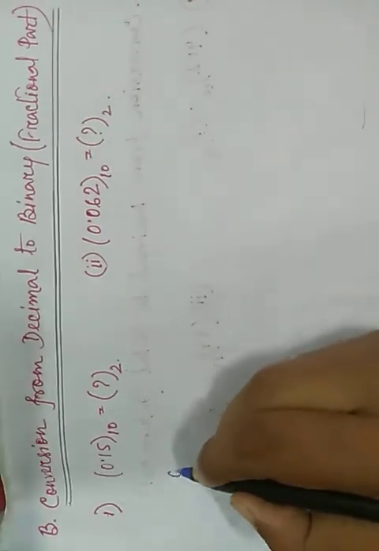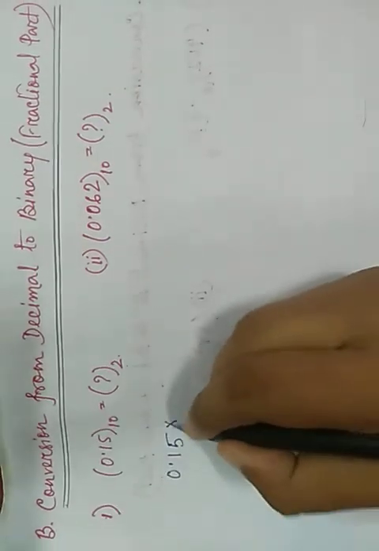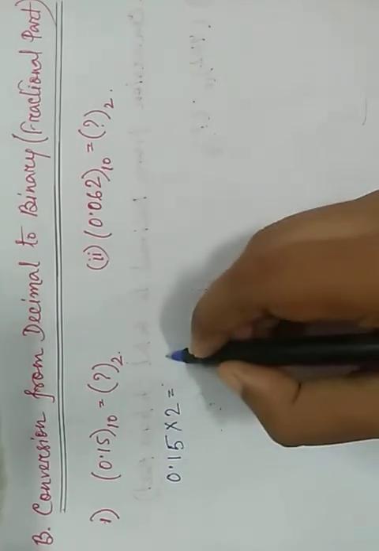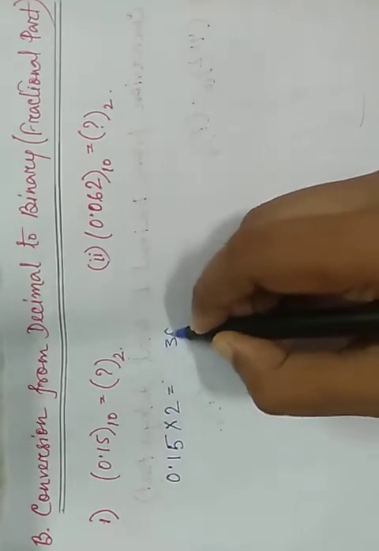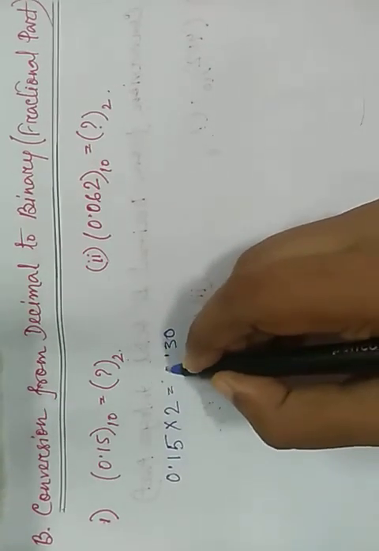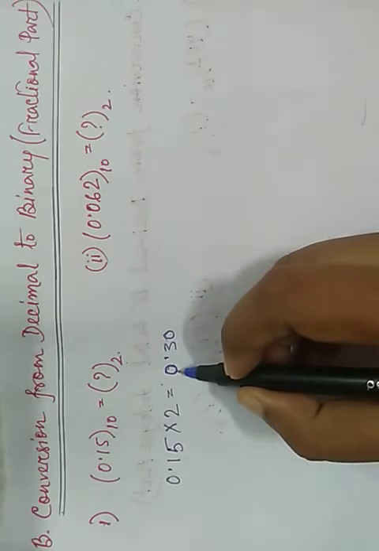Here it is 0.15 multiplied by 2. We get 0.30. The point is after 2 digits, and at the left side of the point there must be 0.